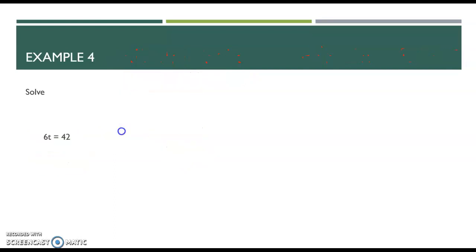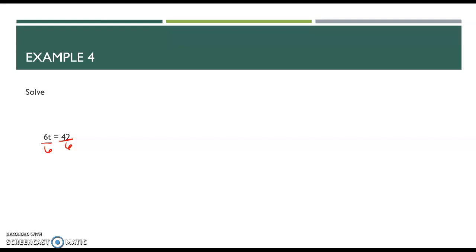All right, I believe this is our last one. So here we have multiplication. The way we make that 6t into 1t is that I'm going to divide both sides. And really it comes down to inverse operations. Division is the inverse operation to multiplication.